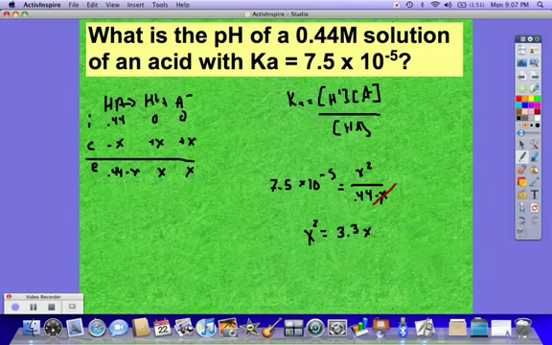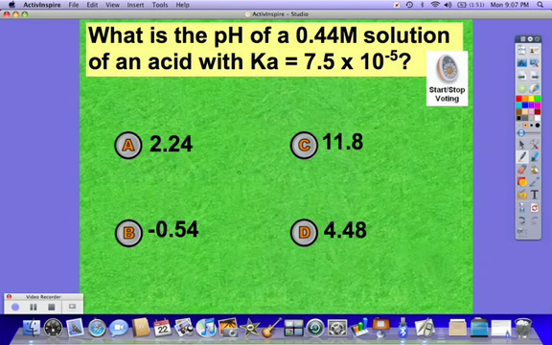So in case you're having problems solving it out, we do times 0.44. So x squared is 3.3 times 10 to the negative fifth, then square root, that gives us x, which is the concentration of H, which is equal to 0.0057. So the negative log of that is 2.24. So looking back, our correct answer should be A.